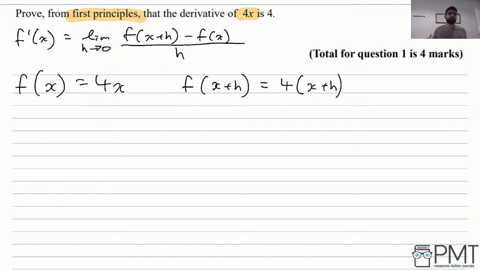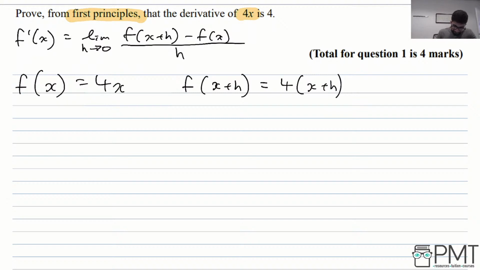So this is a quick recap about functions. Our function originally was 4 times x. That's when your input is x, but instead of x, our input here is x plus h. That's why f of x plus h becomes 4 times x plus h.